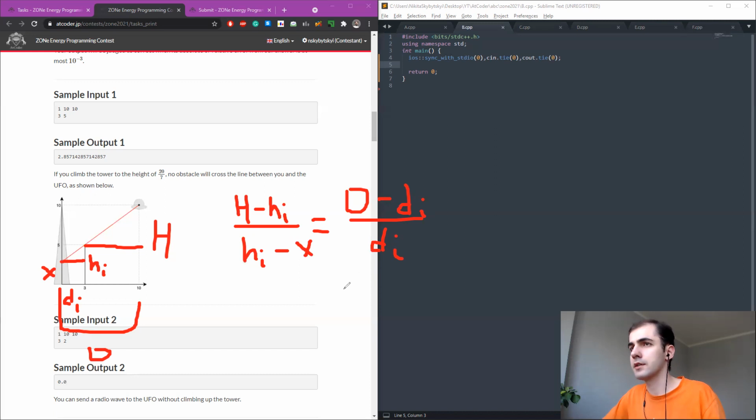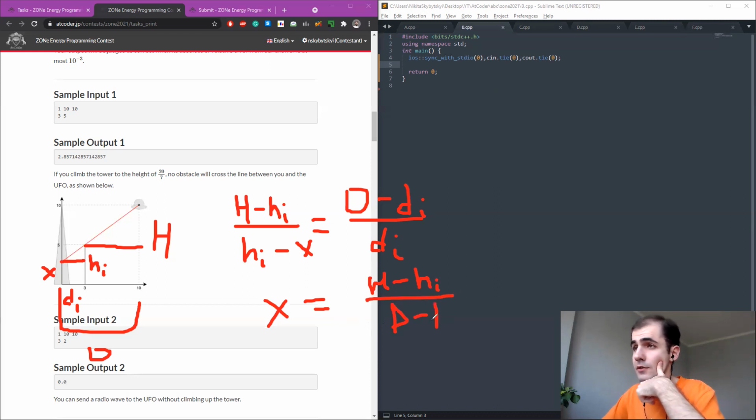From here, we can easily deduce x. X will be, we obviously divide by this and multiply by this. Yeah, cross multiply: h minus hi over d minus di times di, I believe. This is equal to hi minus x. So I believe it's something like this.